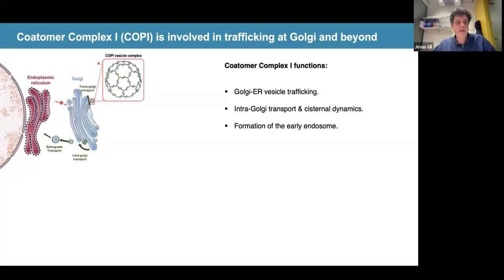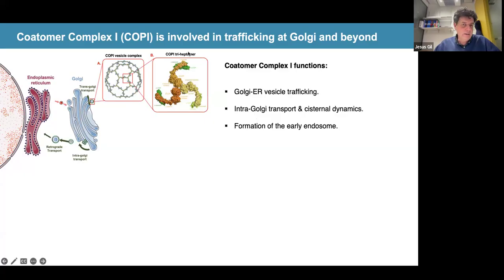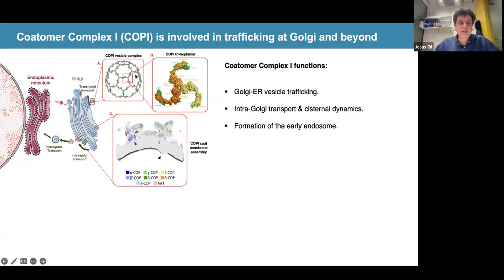There are several structural components of these COPI vesicles that assemble in lattices that will bud from membrane structures, be filled with cargo, and regulate transport between the different membrane structures. There are several of those that assemble into these lattices.